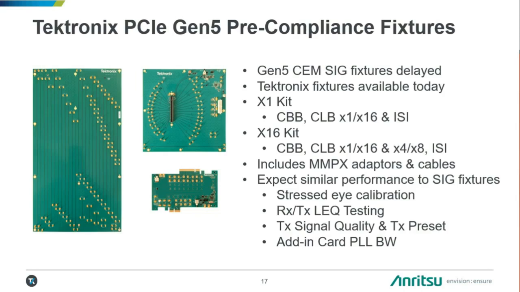There's also a x16 kit, which has all those boards plus a x4 and a x8 CLB. They come with MMPX adapters and cables and are expected to have very similar performance to those eventually coming from the PCI-SIG. They've been used to date for calibrating the stress die, for RX and TX LEQ testing, TX testing, signal quality and preset, and add-in card PLL bandwidth.